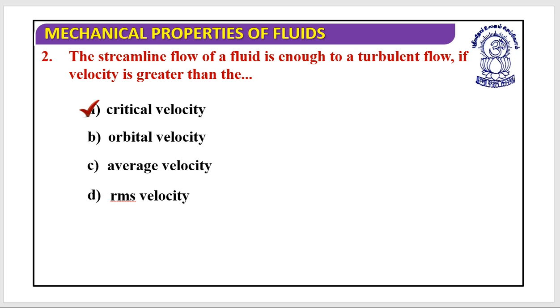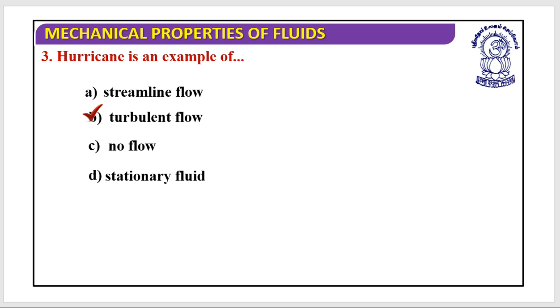Next, a streamlined flow of a fluid turns into a turbulent flow if the velocity is beyond the critical velocity. Next, a hurricane is an example of turbulent flow. All irregular flows come into the category of turbulent flows.